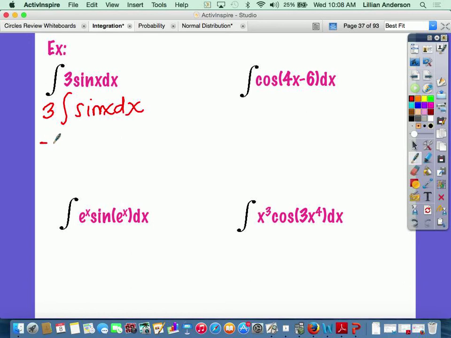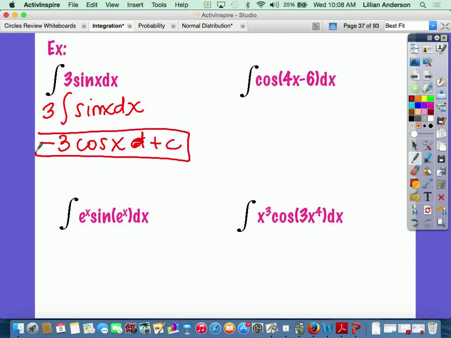So this becomes negative 3 cosine x plus c. Alright? Please make sure you put the negative on this side of the 3, because otherwise your grader might think you're saying 3 minus cosine x, okay? So actually make sure you do that.